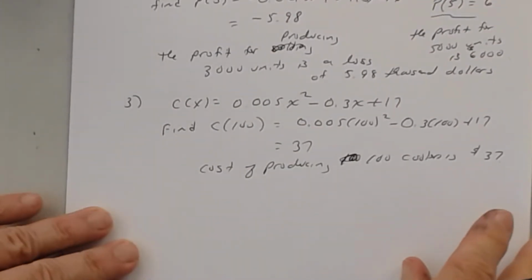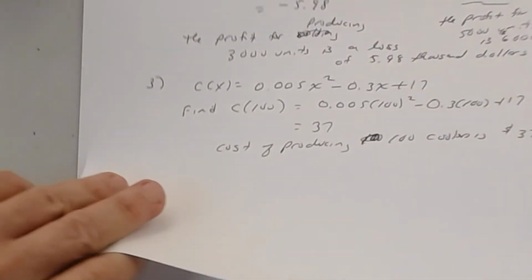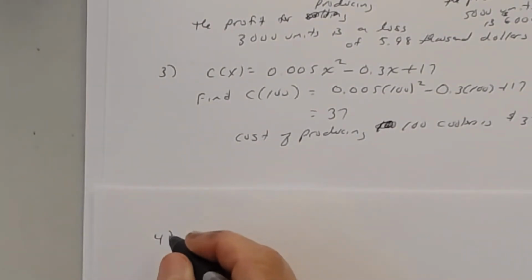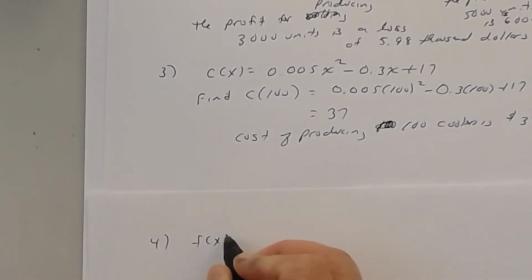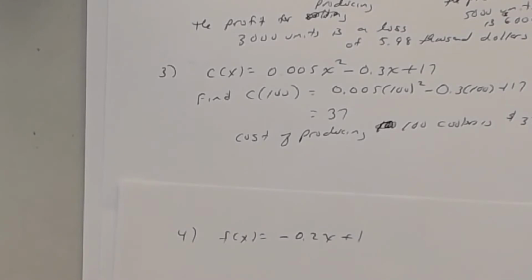All right, number 4. This time you have this function f of x is negative 0.2x plus 1. What kind of function is this? Is this quadratic or linear? That one's linear. Good.